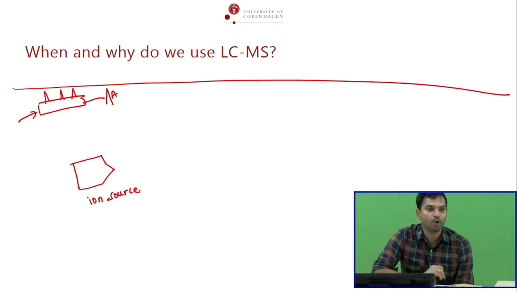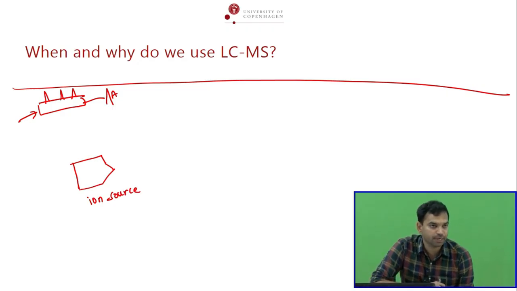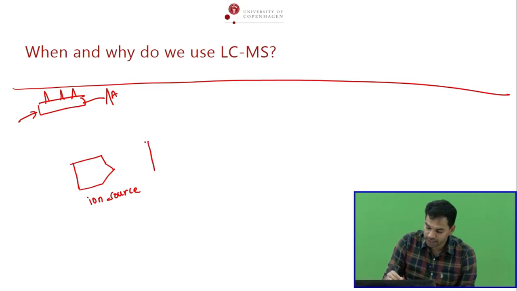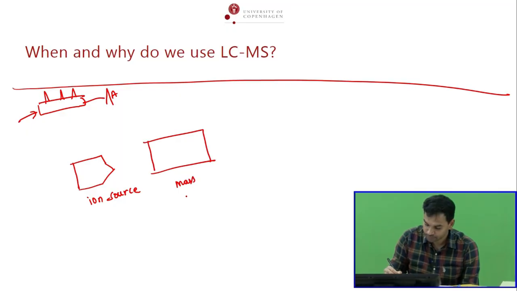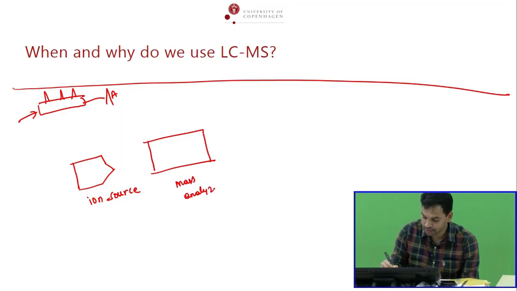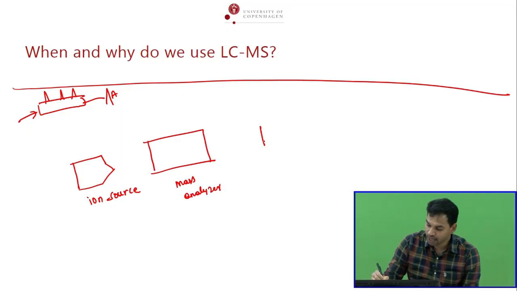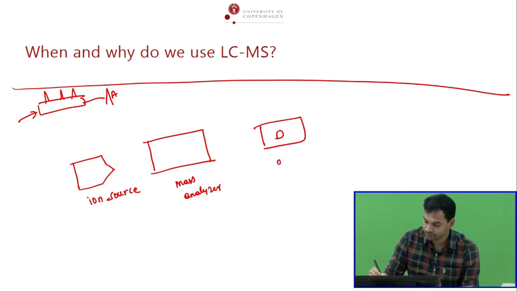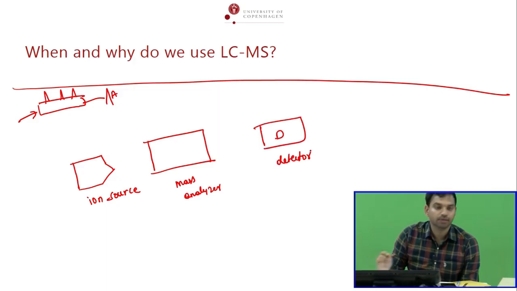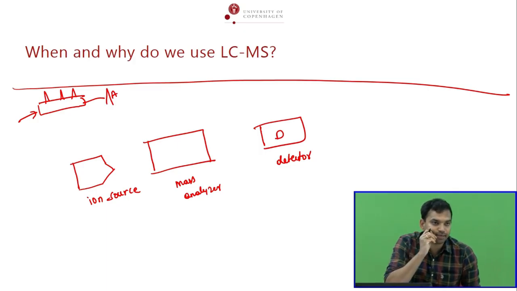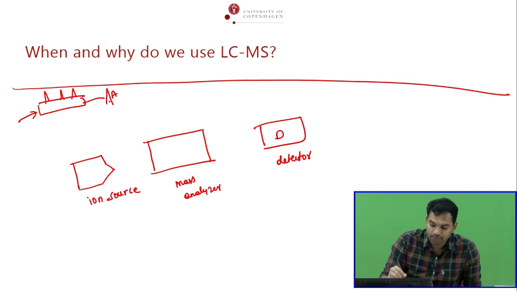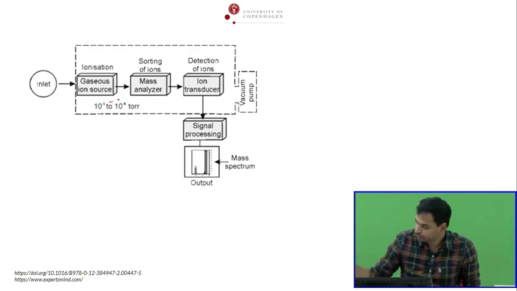This is the first important part of a mass spectrometer. And then we have another chamber called the mass analyzer. And then the last one is the detector. These are the three main parts of an MS equipment, right?